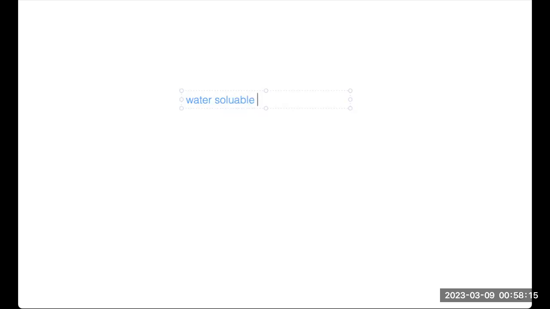Water-soluble iodine contrast is the only type of contrast suitable for IV injection. Okay, sorry, I'm not the best typist.